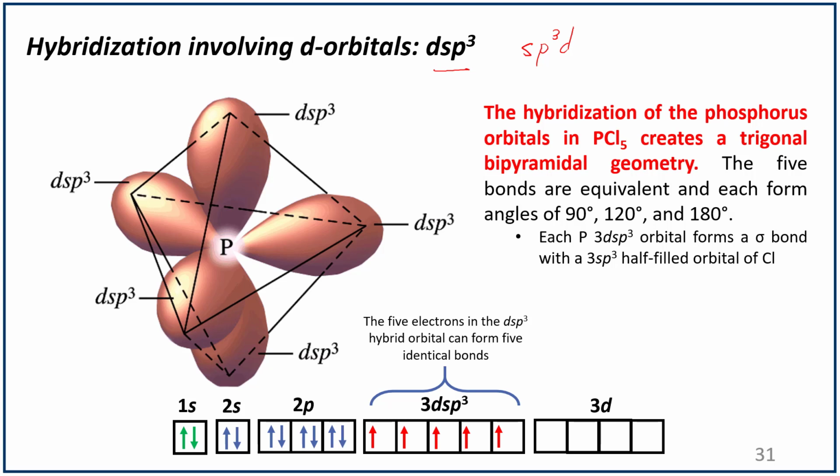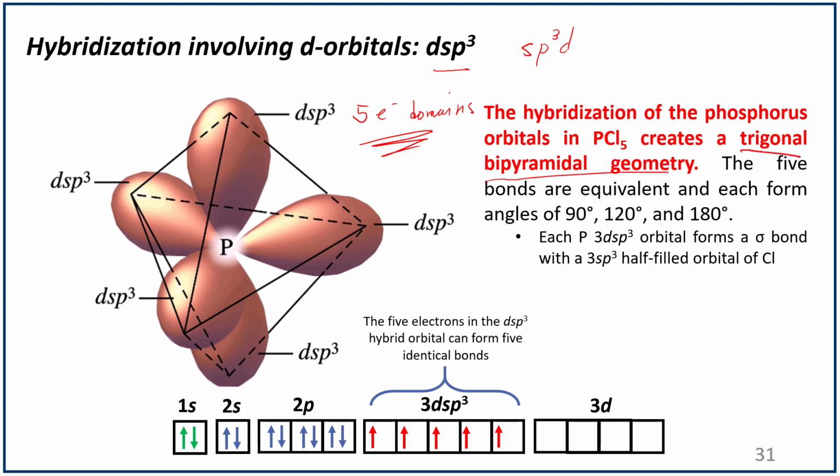So a dsp3 orbital is for geometries with 5 electron domains. It doesn't matter whether they're bonding or non-bonding. So since we have 5 electron domains, the electron pair geometry for this one should be trigonal bipyramidal.